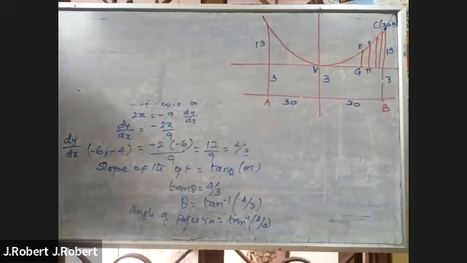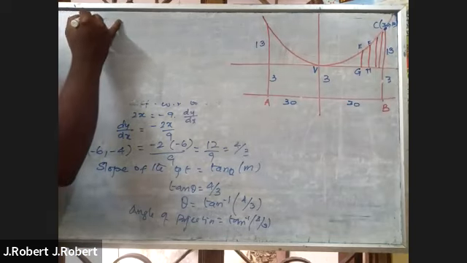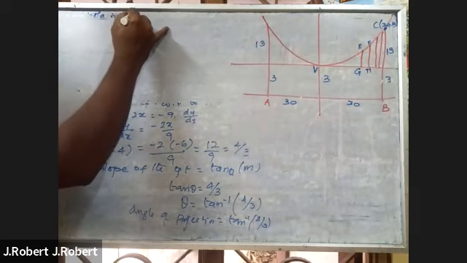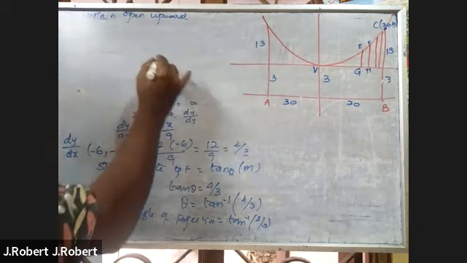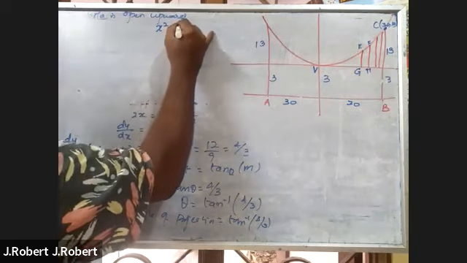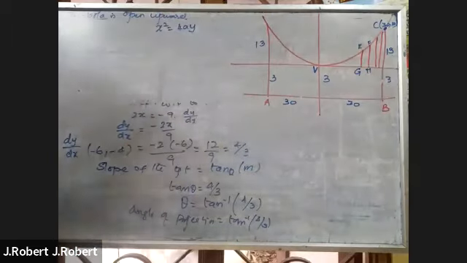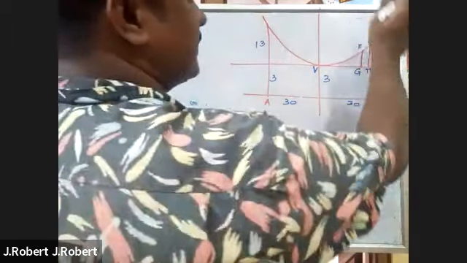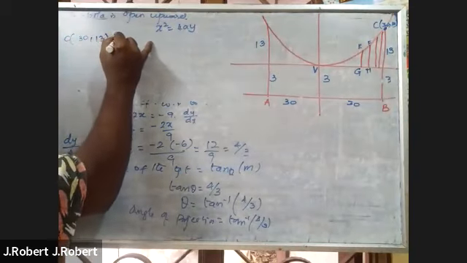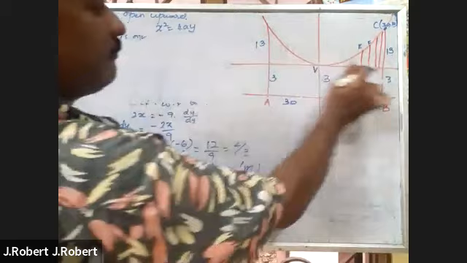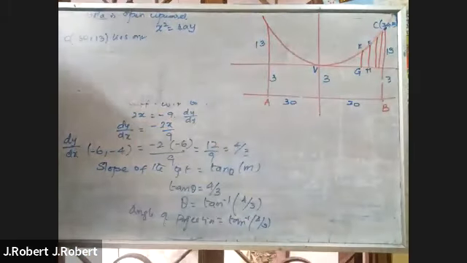Now how does it look? Open? Upward. The parabola opens upward. So we can write this as x squared equals 4ay. Now one point is clearly known: C of 30, 13 lies on the parabola. The question is to find V G and V H, the length of the first two vertical cables from the vertex.